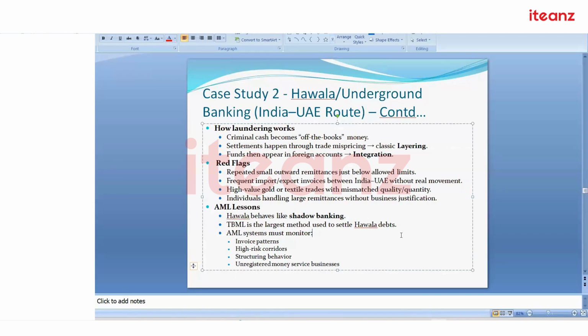Even if it is illegal, you have betting centers, right? Take the example of IPL. Apps are there, many things are happening. In IPL, a lot of betting is happening.